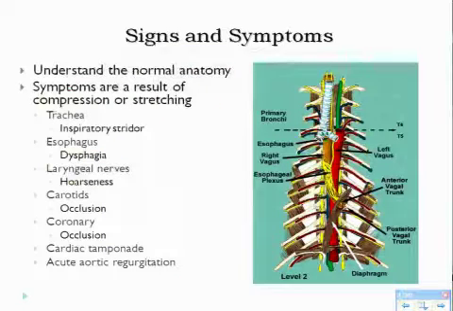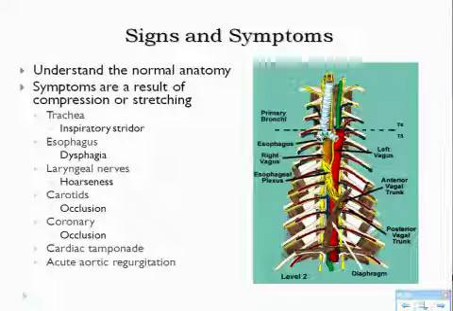The signs and symptoms of aneurysms will depend on the normal anatomy of the underlying structures that are next to it. If you look at the symptoms that people get when they develop, let's say, aneurysms of the aortic arch, they'll get tracheal inspiratory stridor because of the compression. Next to the descending aorta is also the esophagus.